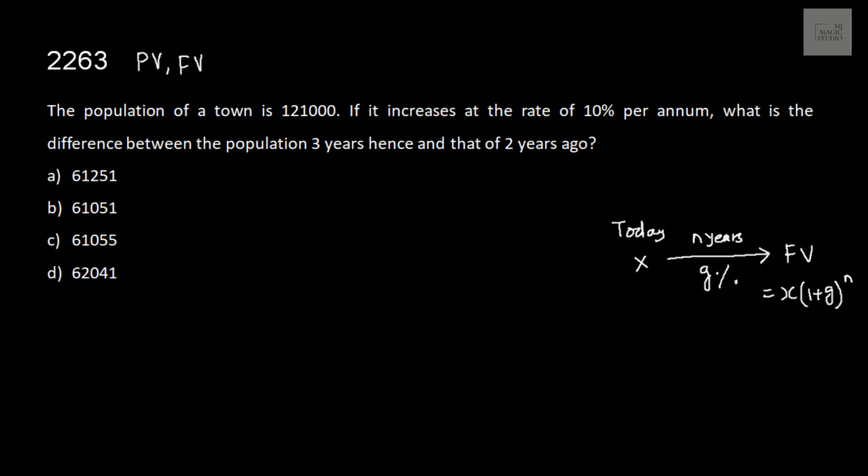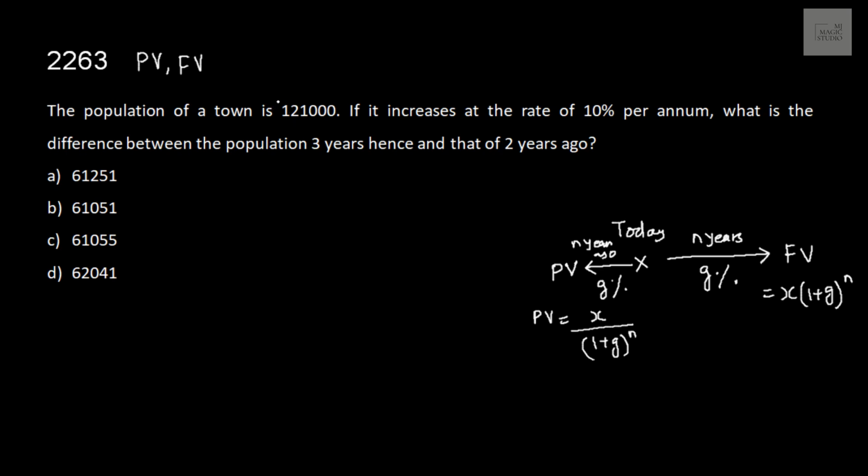Now if we are standing here today and we want to know what was its value n years ago, if it was growing at the rate of g% per annum compounded, then this is known as present value. And present value is calculated as x upon 1 plus g to the power n.